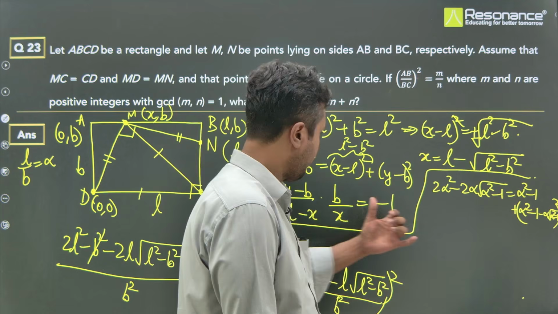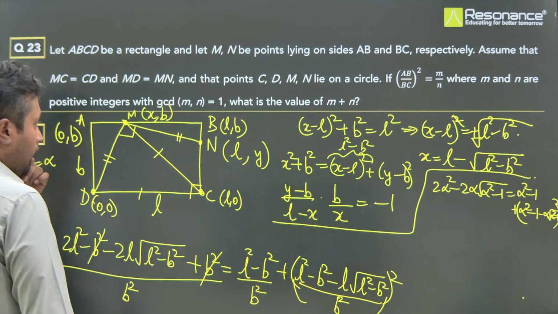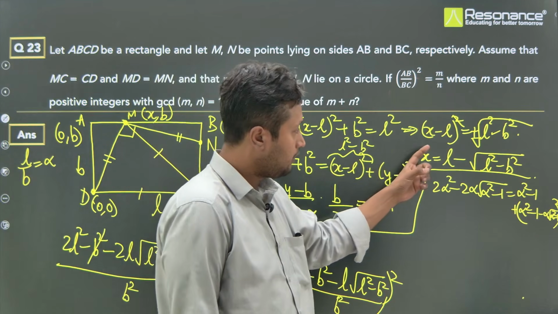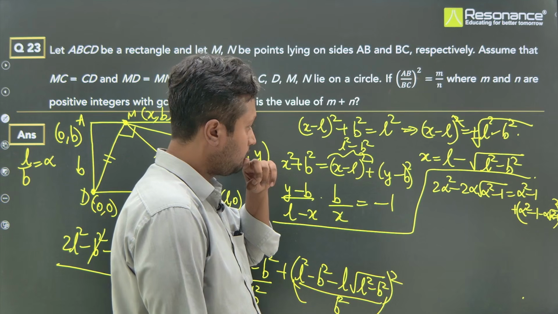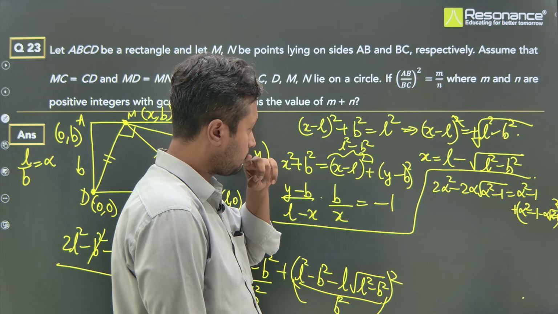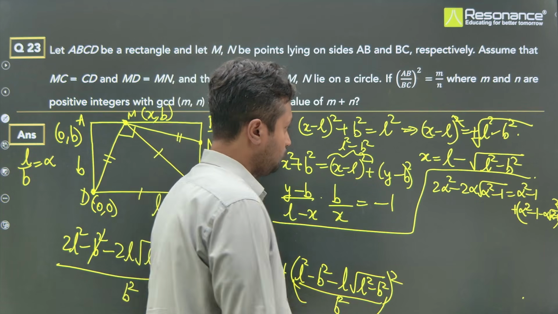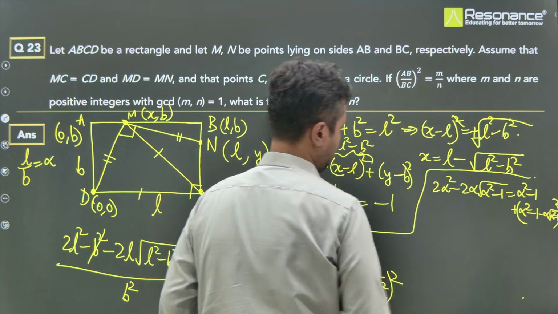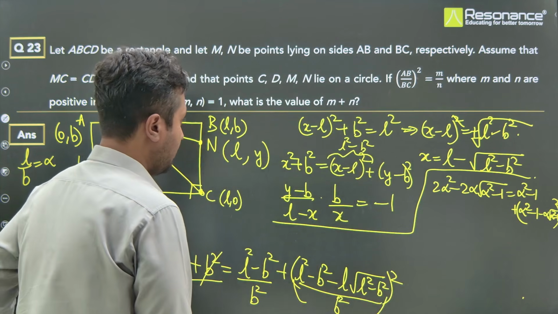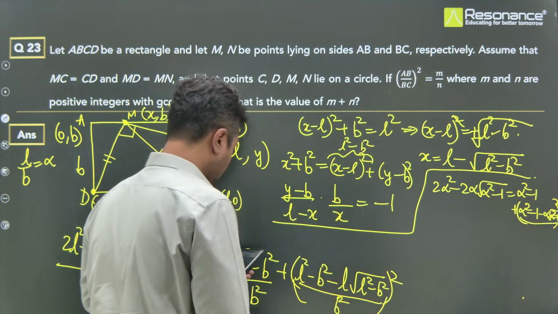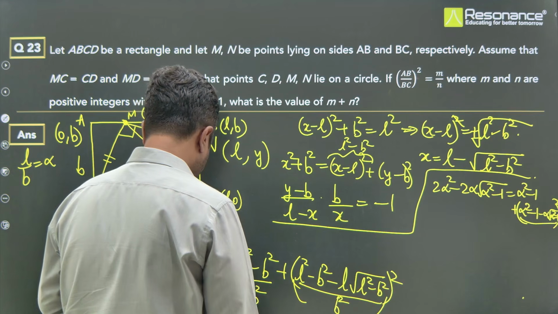So what do we have? Okay, that looks right. Give me a second. So you can take this quantity as some new variable and that will simplify a lot.